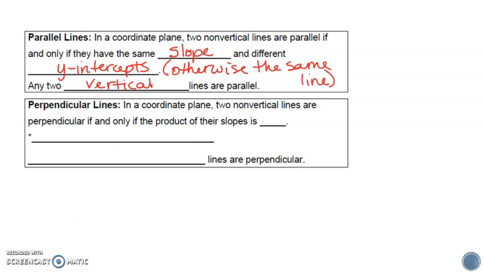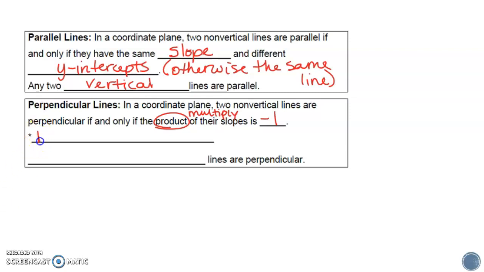For perpendicular lines in a coordinate plane, 2 non-vertical lines are perpendicular if and only if the product of their slopes is -1. Remember that product means multiply. So if I multiply the slopes together, I should get a product of -1. And another way that some people like to determine if the slopes make perpendicular lines is that they identify if the slopes are negative reciprocals of each other.